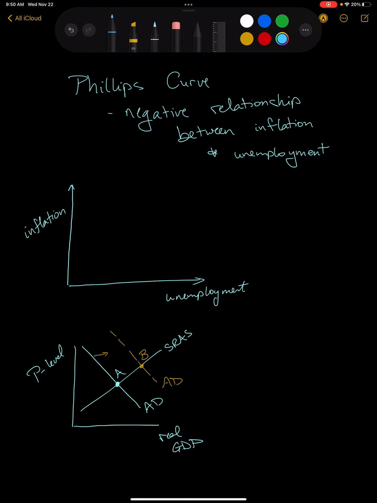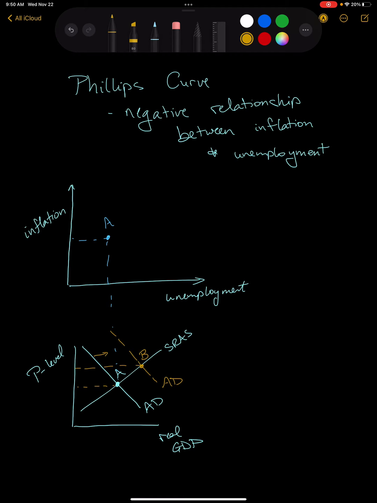On my original inflation and unemployment graph, let's say that point A corresponds to this point, right? So at A, wherever we were before, it corresponds to some level of inflation and some level of unemployment. Now, when my aggregate demand shifts to B, what's going to happen to my price level?